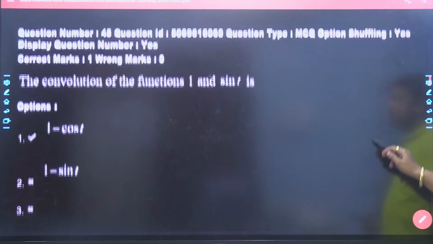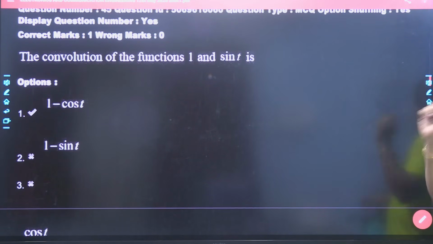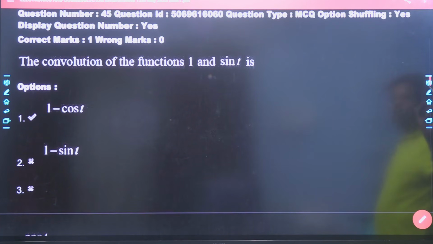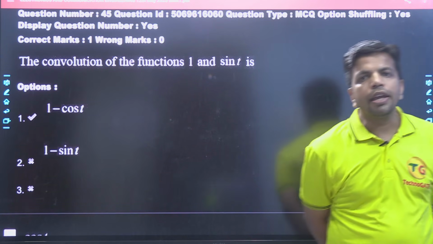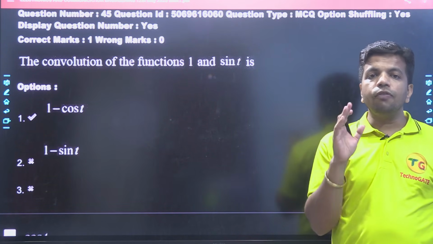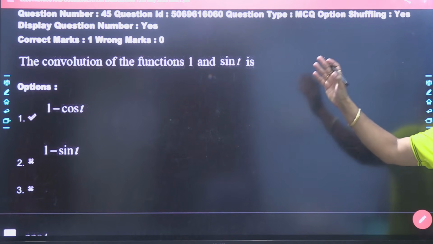Let's move to the next question, question number 45. They are asking for the convolution of the function 1 and sin t. We need to find the convolution of function 1 and sin t.